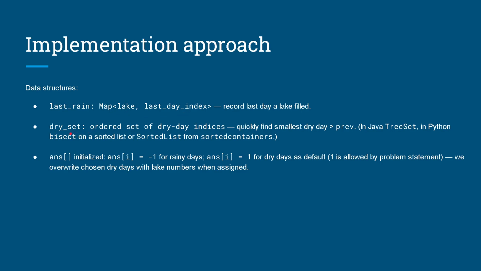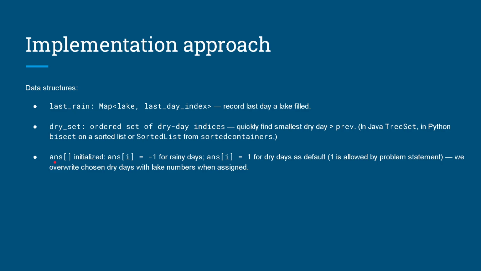Then we'll use the dry set, an ordered set of the dry day indices, which will quickly find the smallest dry day greater than previous, as you can see here. In Java we'll use the tree set, and if you are using Python, you will use bisect. I hope you understand this.